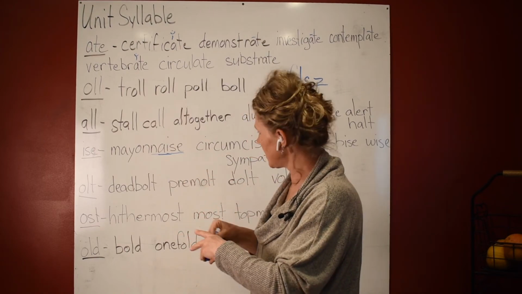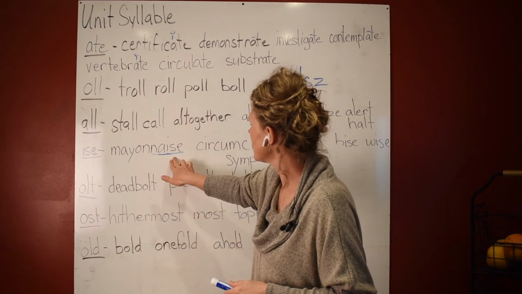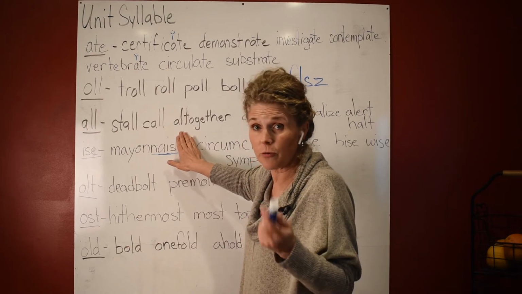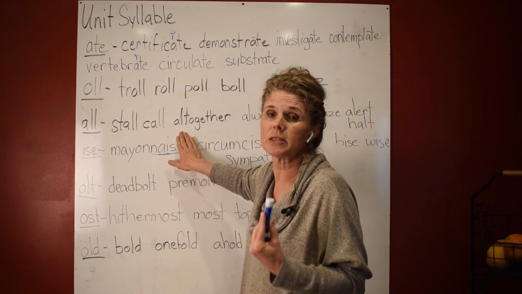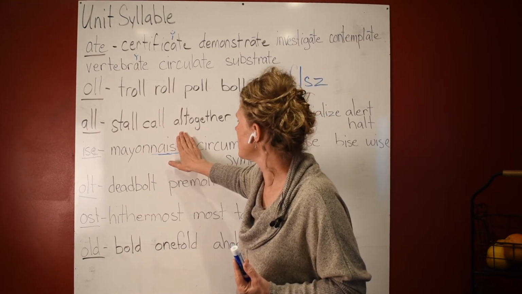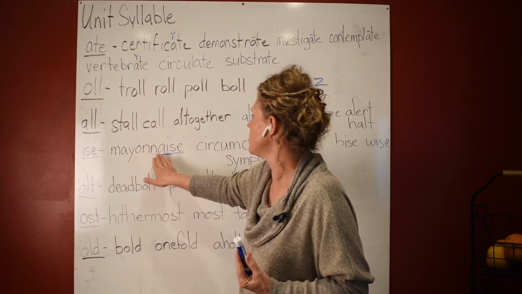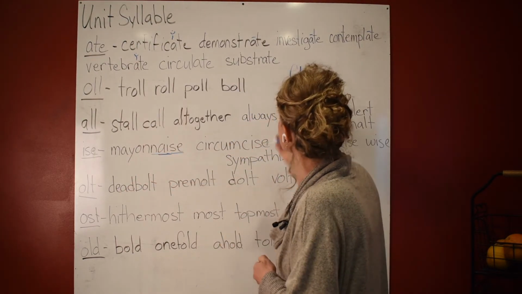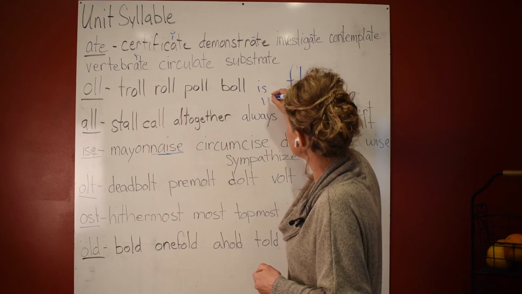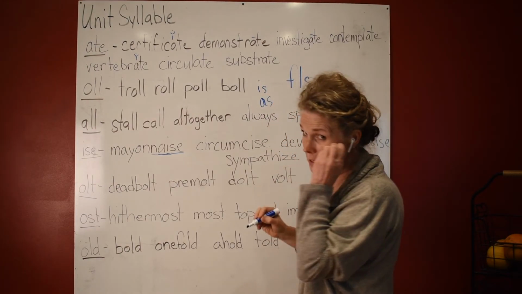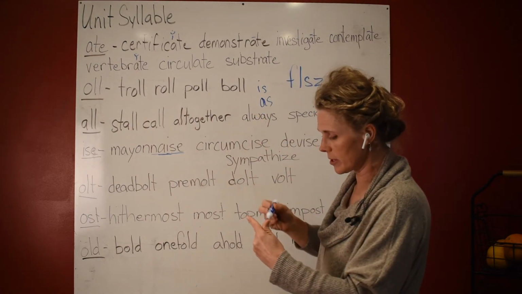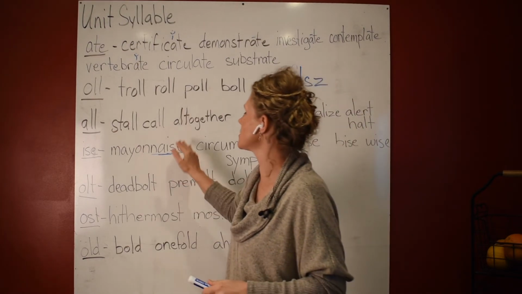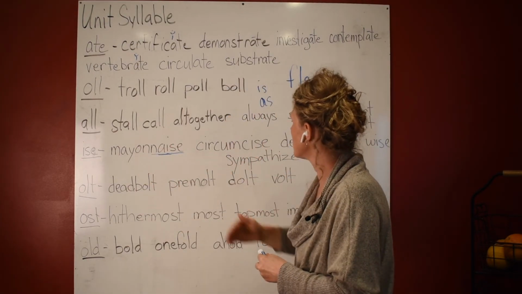Now, if we just did an S right there, if you put an S on the end, it means plural. So that would mean more than one mayonnaise, okay? That doesn't really count for simple little words like that. But big words like this, it means plural.